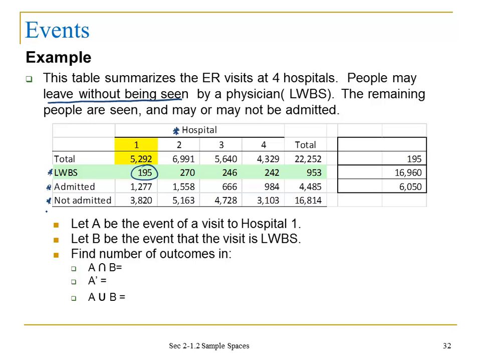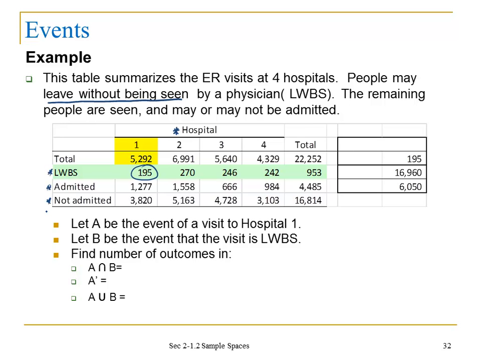So the first question is, well, first we need to define A, as I said, to be the event of a visit to hospital 1. Then event B is the event that the visit is a leave without being seen. Based on those 2 definitions, I want you to find the intersection of A and B. So A is the event of a visit to hospital 1.